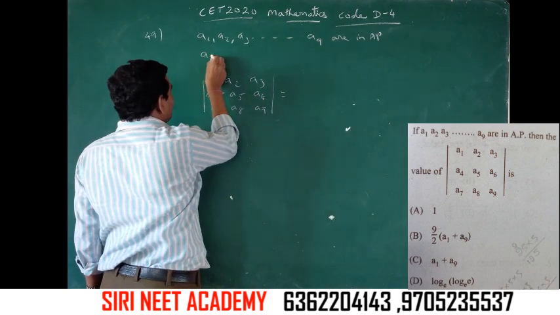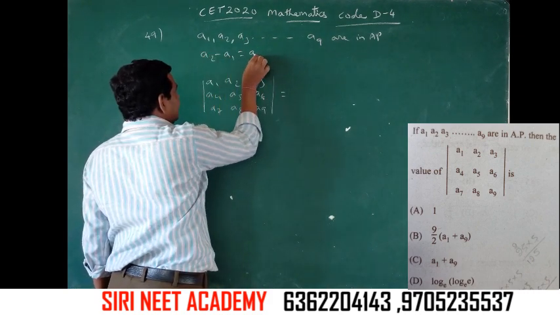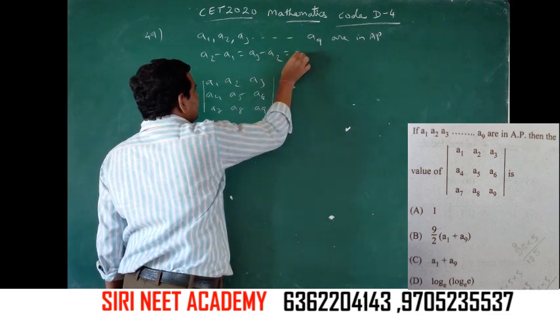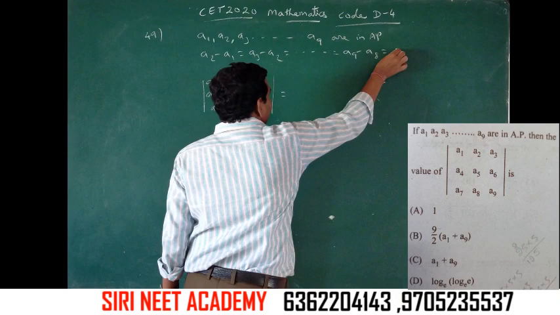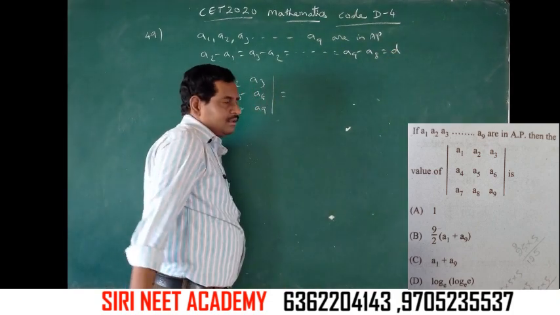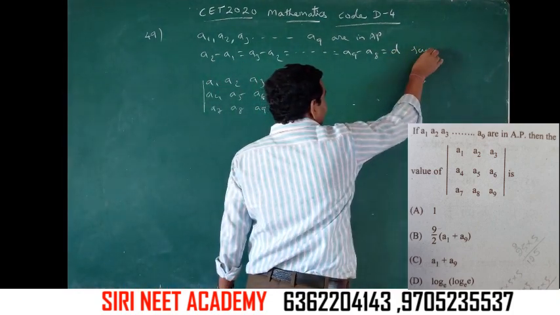In an AP, common difference properties: A2 minus A1 is equal, A3 minus A2 is equal, and so on, A9 minus A8 is equal to, suppose D, the common difference.